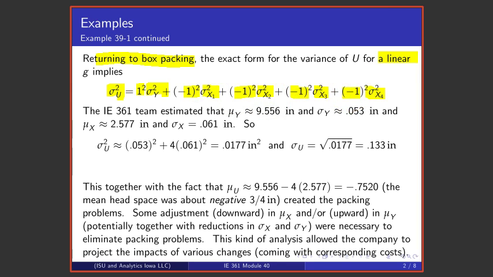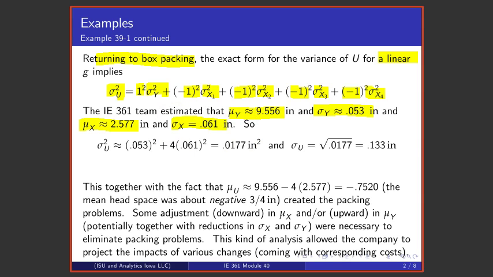The student team that worked on that project determined that the average inside length of the carton was about 9.56 inches and the standard deviation was about 0.053 inches. The average size of a unit to be packed in the carton was about 2.58 inches and the standard deviation was about 0.061 inches.